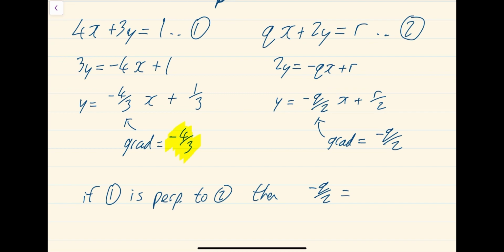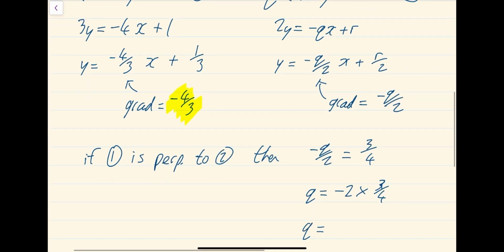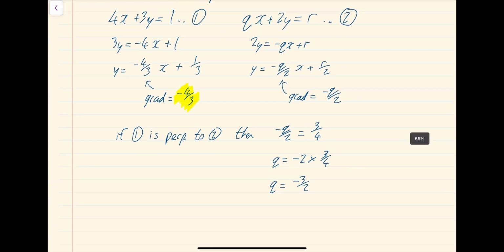So just flip it upside down and change its sign. So it's going to be 3 over 4, which means then q is equal to minus 2 times 3 over 4. And if you do that, you're going to get q is equal to minus 3 over 2. So that's what we've got for q.